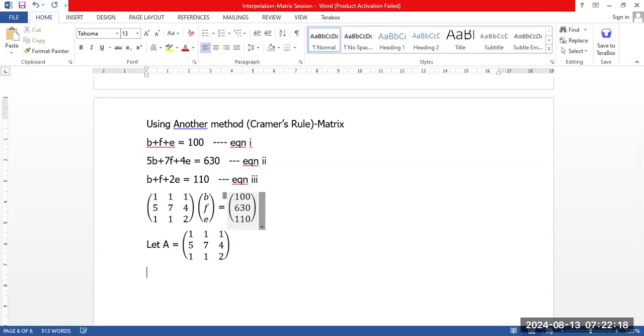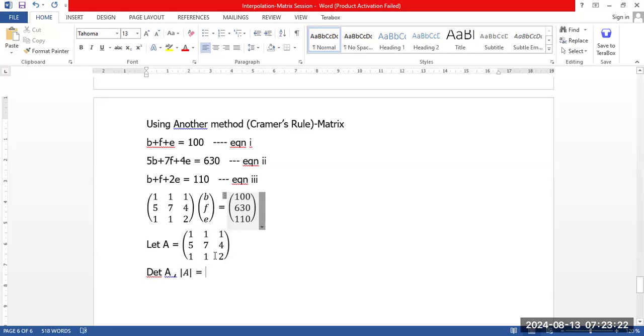Then you look for determinant of A, which sometimes can be written as this. This stands for determinant. It will be equal to.